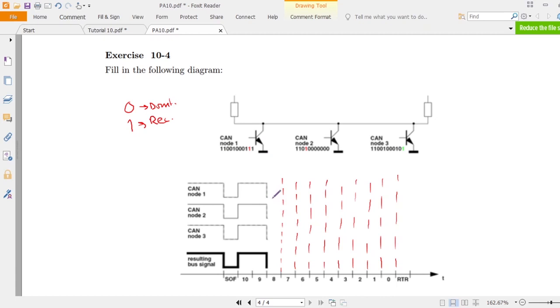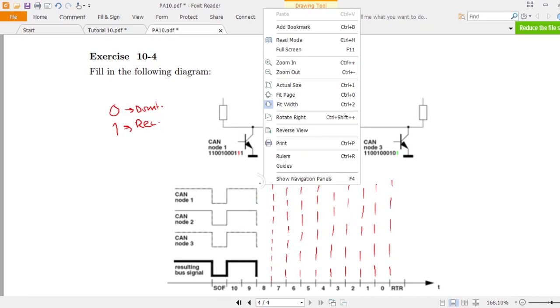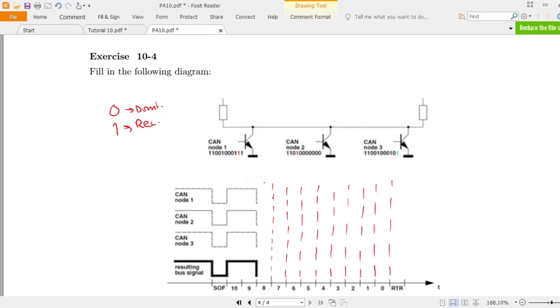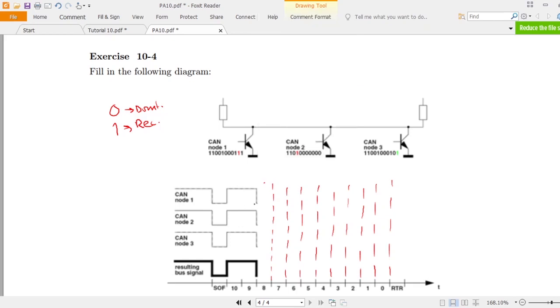So let's say from 9 to 8 it is 0, so 0. We also have 0 here, 0 and 0.